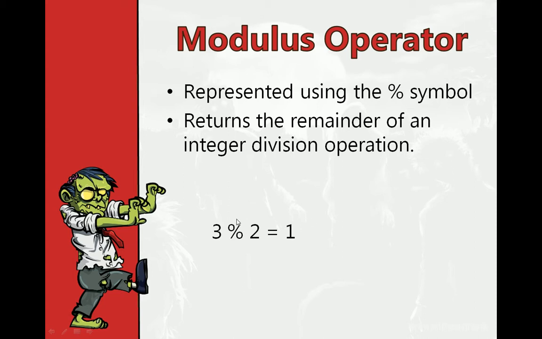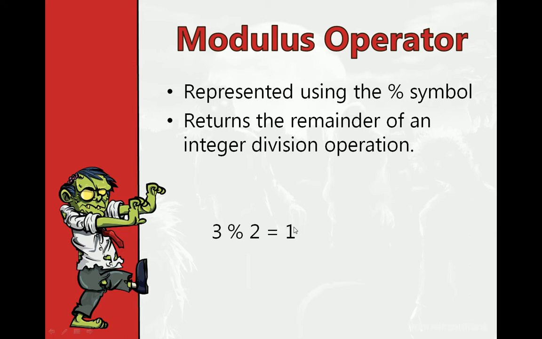If I have 3 modulus 2, I am basically asking what is the remainder when 3 is divided by 2? Well, 2 goes into 3 one time with a remainder of 1. So 3 modulus 2 is equal to 1, because 1 is the remainder of the operation. It's not the quotient, it's not the answer, it's the remainder.